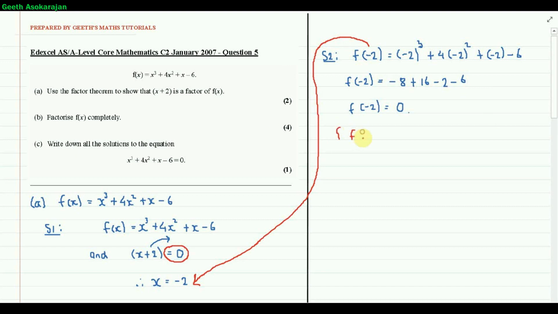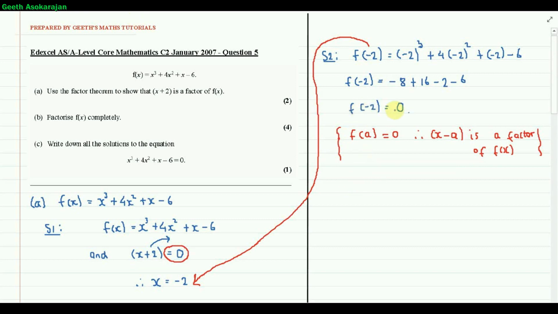The factor theorem states that if f(a) is equal to 0, therefore x minus a is a factor of f(x). So I'll write that for you guys in red. I wrote down the factor theorem in red, but let's apply it here.